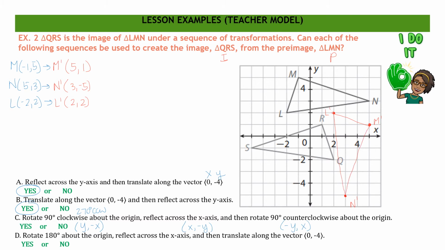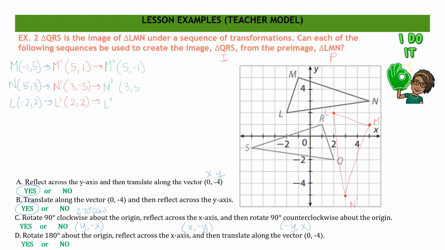Let's look at the next transformation. The next transformation tells me that I am reflecting across the x-axis. So my x's stay the same, but my y's are opposite. So for M double prime, N double prime, and L double prime, x stays the same, so that's 5, -1.